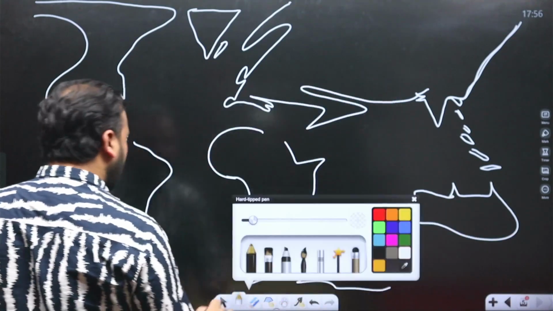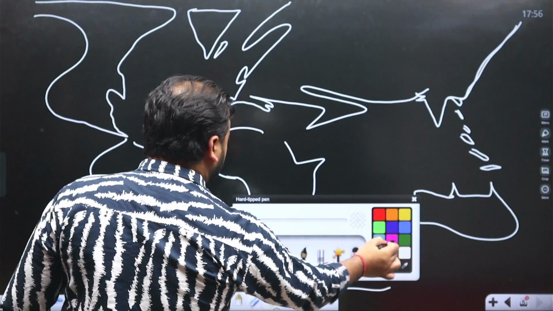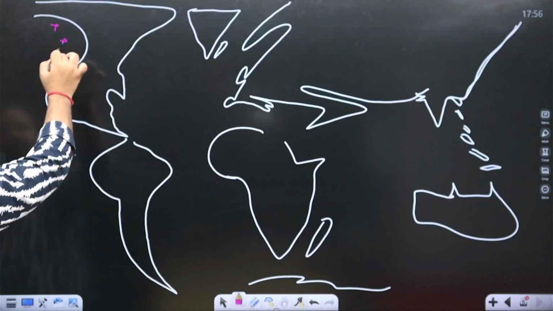These types of cracks are found like this.